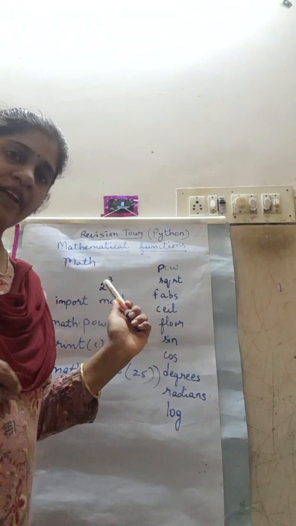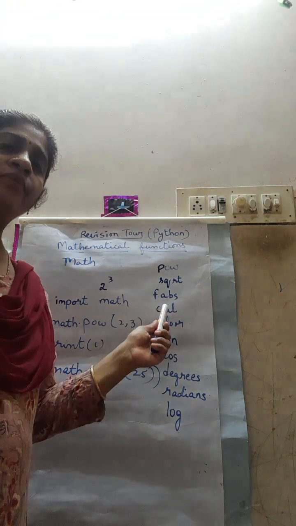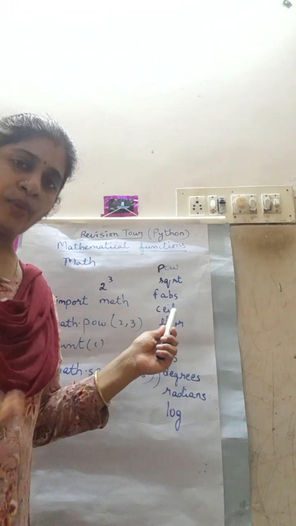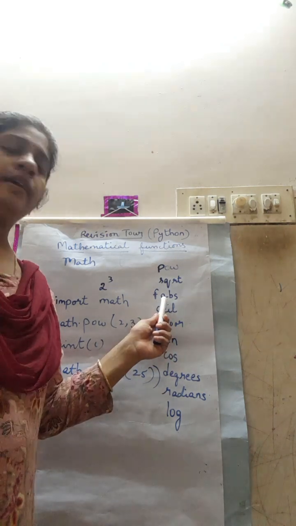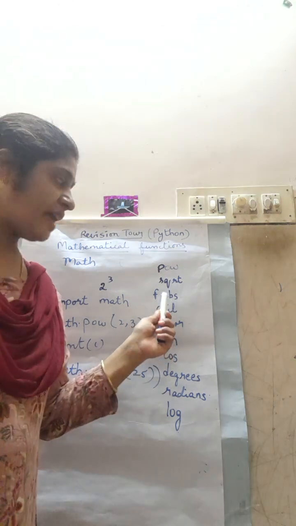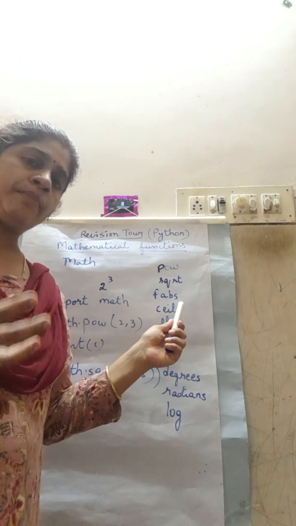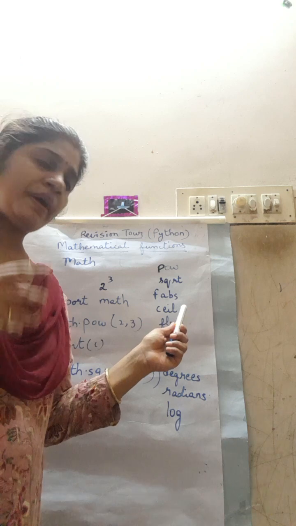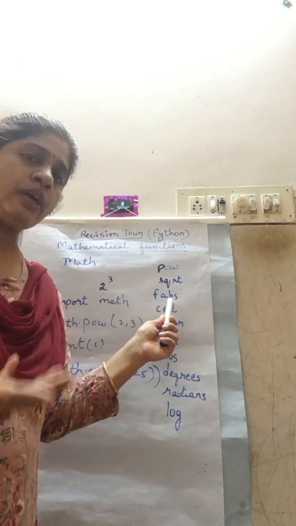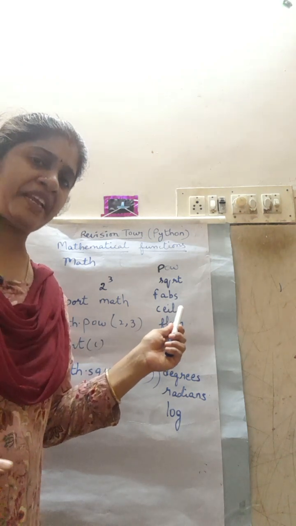Then what is fabs? It will give you the absolute value in floating point. So whatever value you pass in fabs, it will give you the absolute value, that is, a positive value. If you pass a negative number, it will give you a positive value as a floating point number.